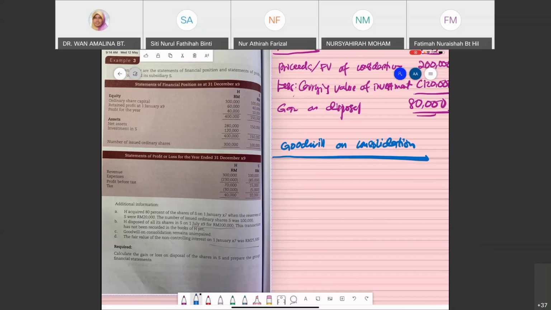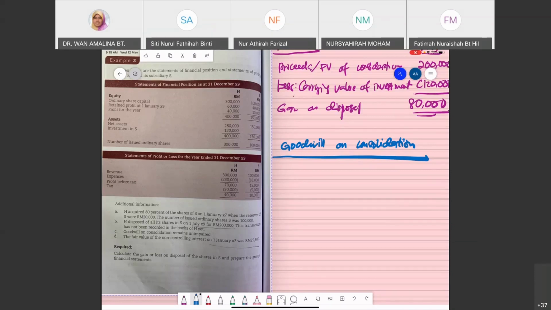For example, H acquired 800,000 of the 1 million issued shares of S on 1st January X4. The parent's goodwill on consolidation was 200,000 and 60,000 was written off. So H on 1st January X7, H sold 60%.